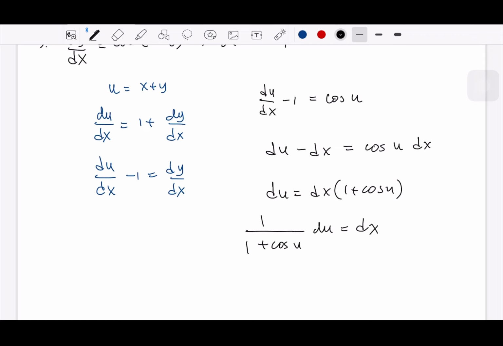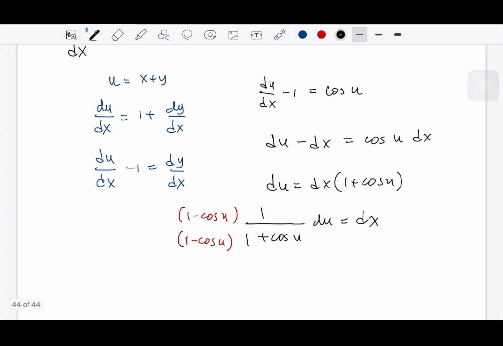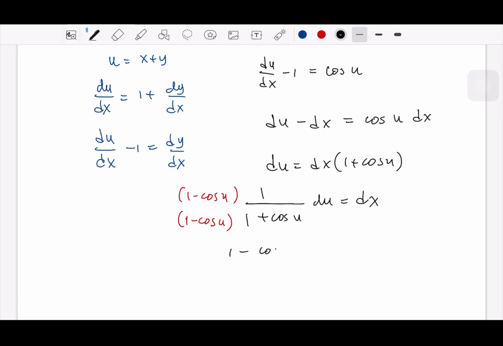So at least we can simplify that, and maybe we can separate it into some fractions, perhaps. So multiply with 1 minus cos u, I think. So we have 1 minus cos u over sine squared u, right?